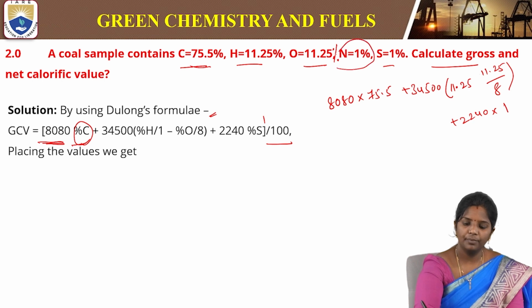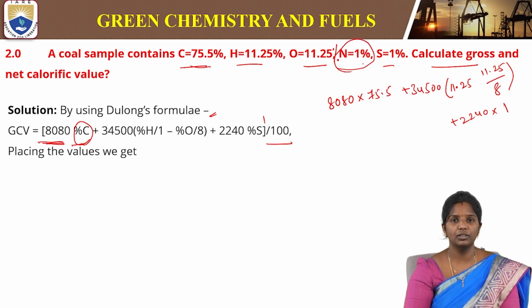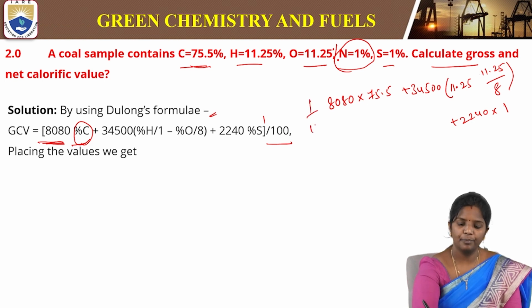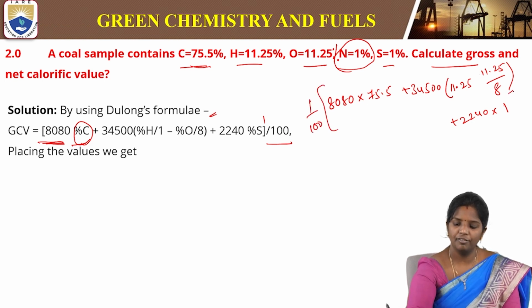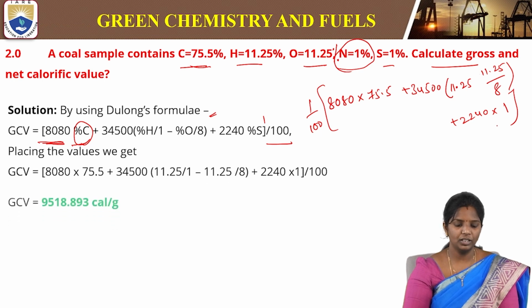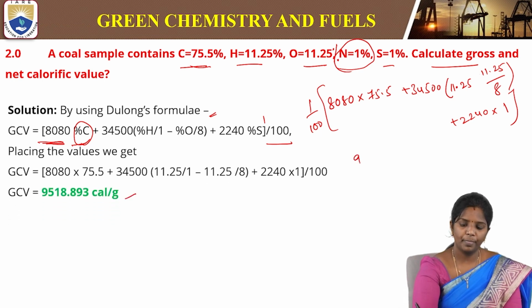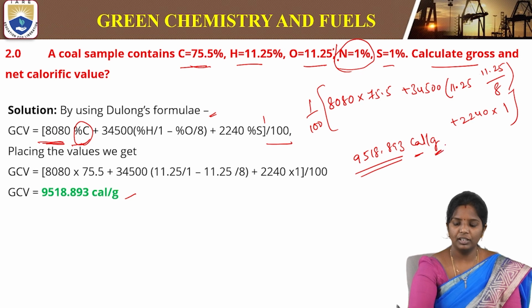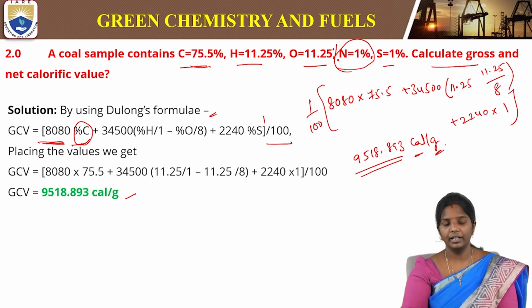As we know that nitrogen is not contributing anything to the calorific value. So we will be substituting this in the formula, Dulong's formula. And after simplification, we get 9518.893 calories per gram. So this is like we are reporting in calories, so therefore giving in grams, if it is kilocalories per kg.